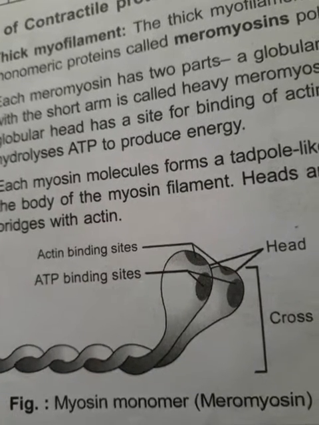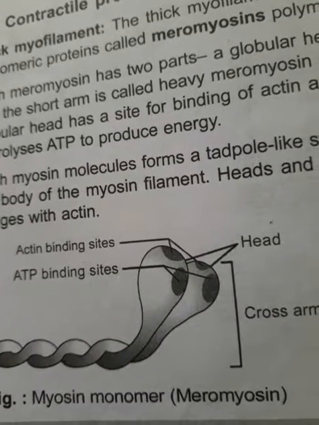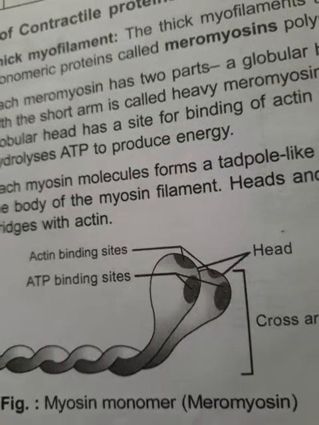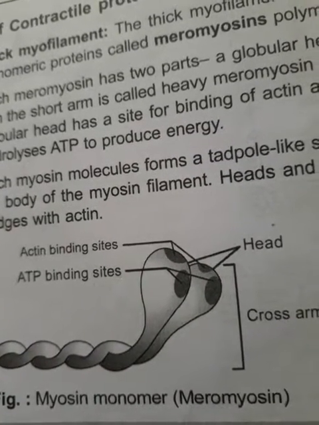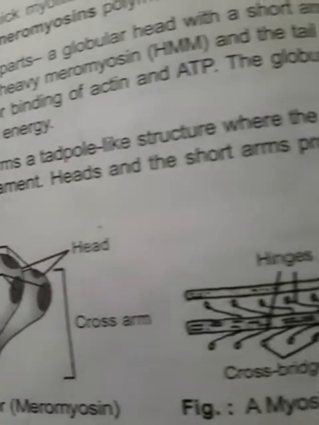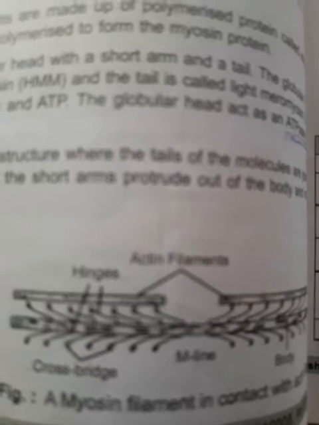This figure shows the myosin monomer or meromyosin. You can see the head, tadpole-like head. Then there is a site for actin binding sites, ATP binding sites. Then the cross arm. This figure shows a myosin filament in contact with actin filaments.